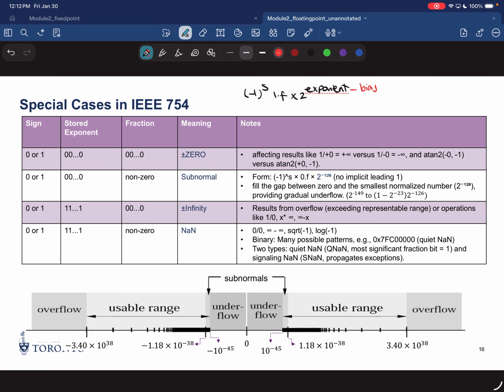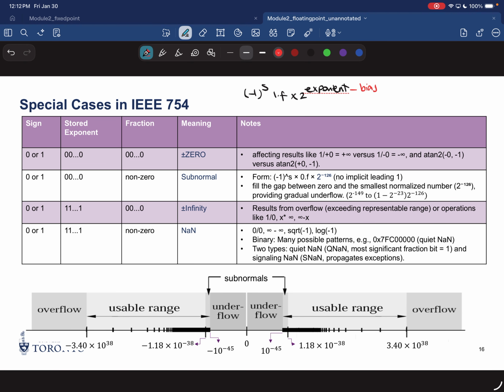Okay. And with the exponent having 255 levels, as you can assume, we can show very large numbers and very small ones. But that's not the only feature of the floating point. The other thing is, instead of just simply saying underflow happened, overflow happened, we have special cases.